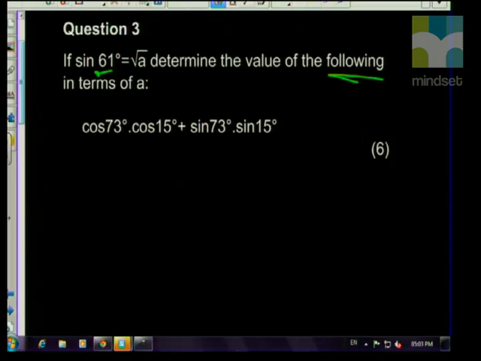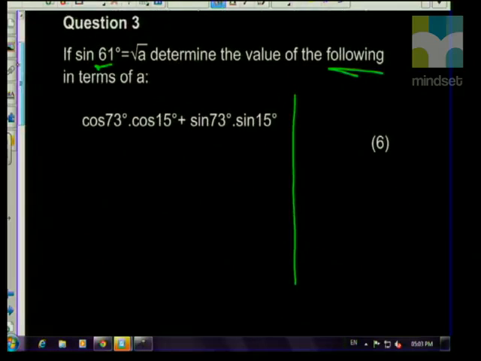Now, guys, it's always suggested that if you're given something like this, you need to use your right angle triangle, all right? Now, this is 61. Remember, most questions, like your exam type questions, will give you something like this, just like that.